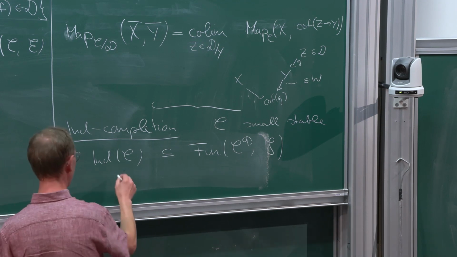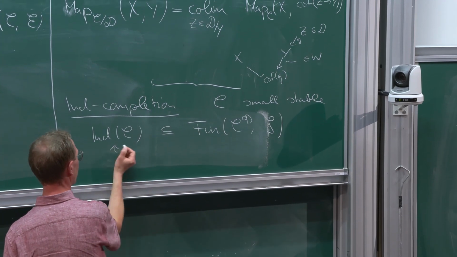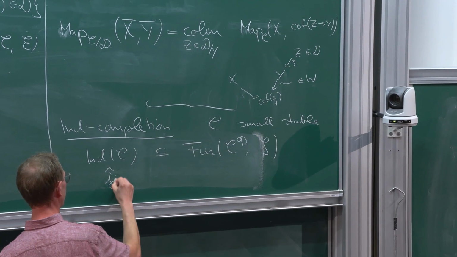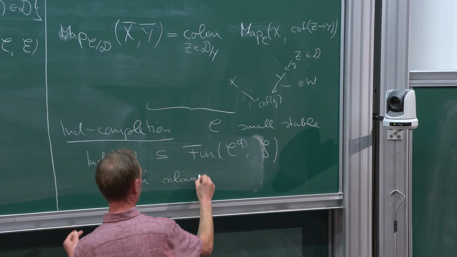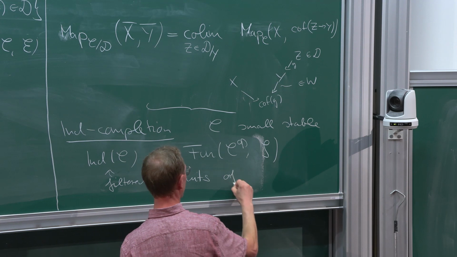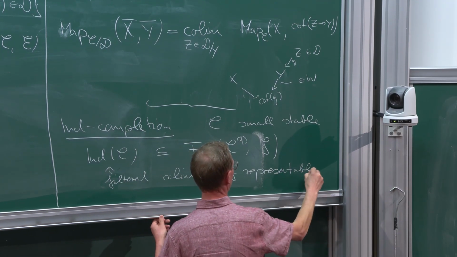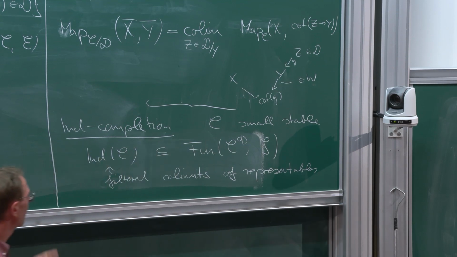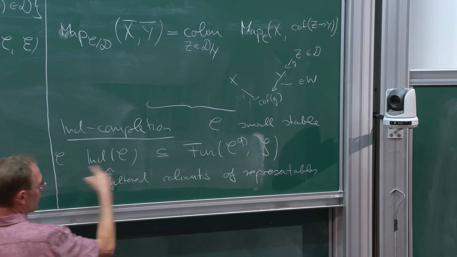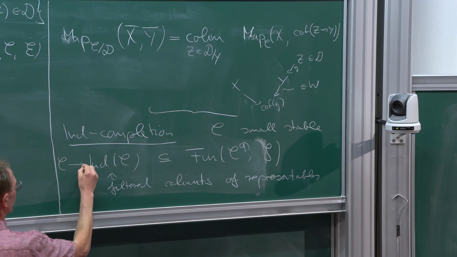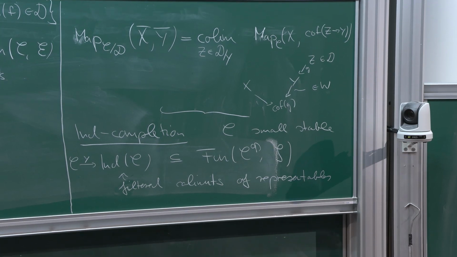This is the full subcategory spanned by filtered colimits of representables. From this definition you see that the Yoneda embedding from C into presheaves factors over this Ind-completion.